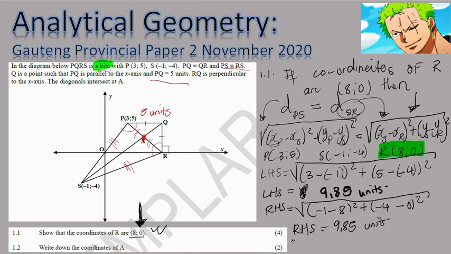You're going to say therefore the left hand side is equal to the right hand side, which means coordinates of R are 8 and 0. You see that? Proven.